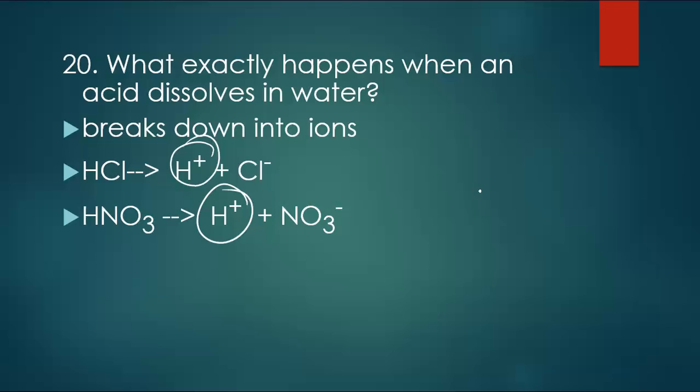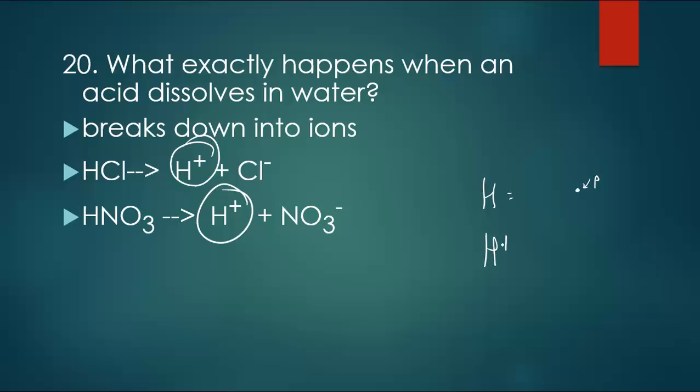Now, let's think about what hydrogen is. Hydrogen is one proton surrounded by one electron. Just a proton and an electron. If it loses that electron, which it will as an acid, it leaves it behind, then what is left?